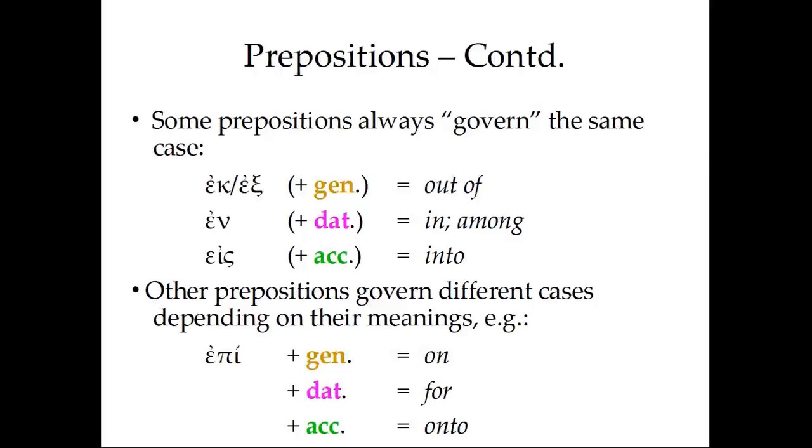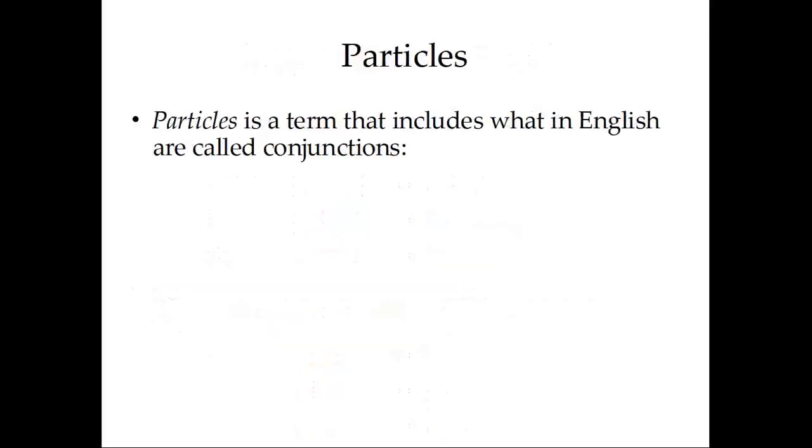So one preposition, epi, with different meanings depending on the case of the object that it takes. So this is one of the reasons why we have to pay careful attention to the cases that nouns are in. It's because with prepositions, prepositional phrases, the meaning of that preposition is going to vary depending on the case of the word that follows it.